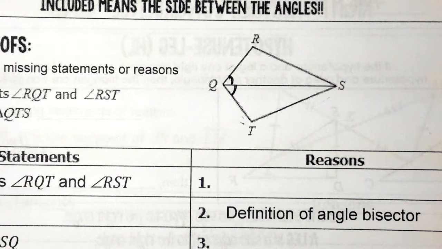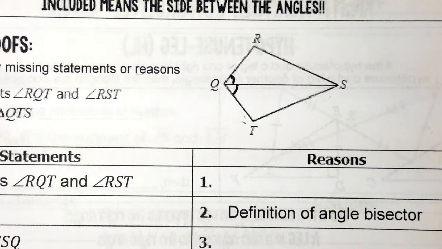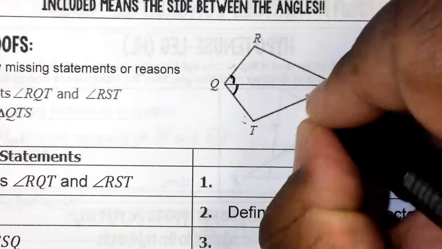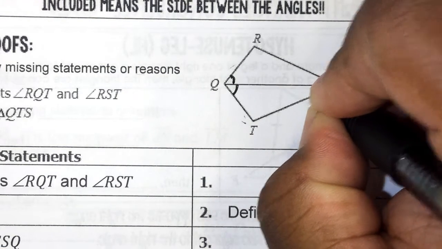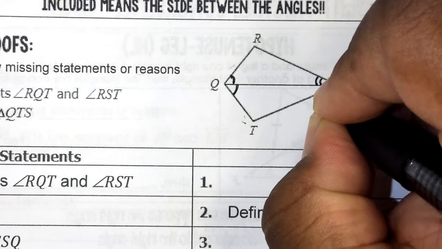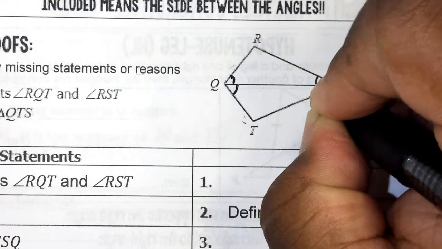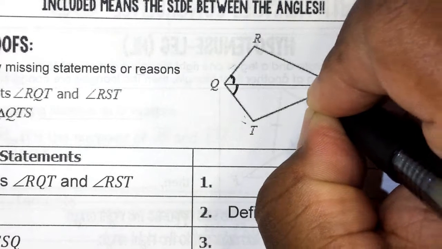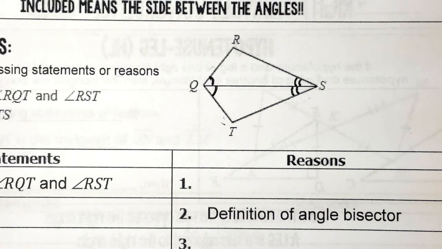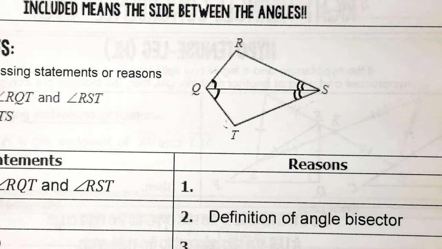It gets bisected as well. So I can mark this small angle right here congruent to this small angle on the other side. I'm doing two markings this time though, and I'm staggering still just to show you that I'm marking two separate angles.